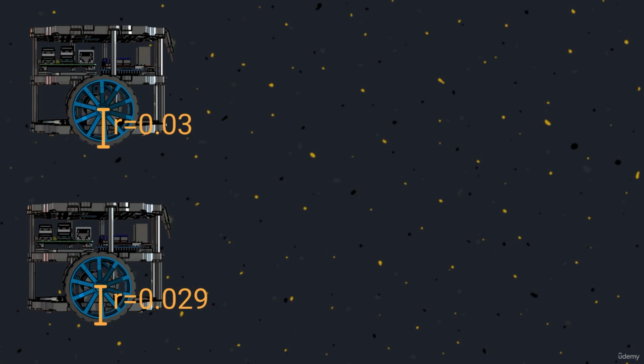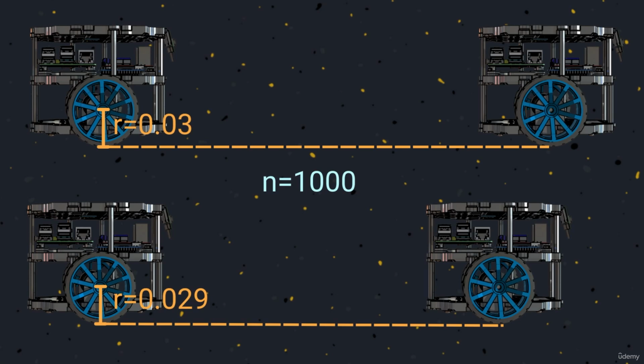Or is it? As the robot moves, exactly when the wheels have completed 1000 full rotations, let's try to estimate the robot's position based on the wheel odometry. The odometry calculation, which assumes that the wheels have a radius of 3 cm, estimates that the robot has traveled almost 188 meters.